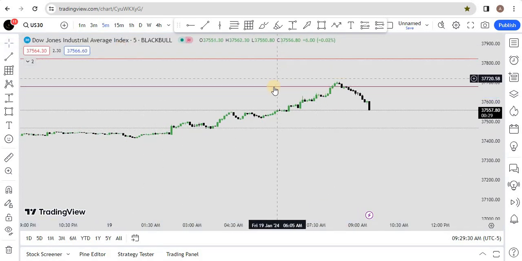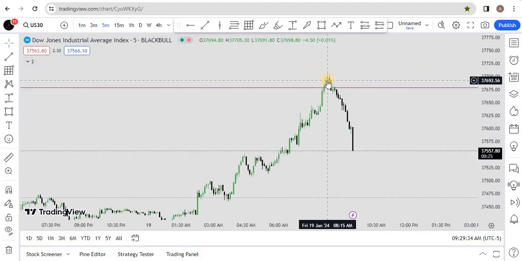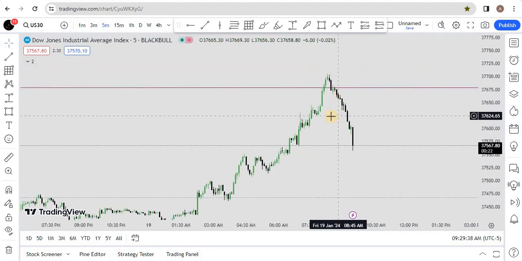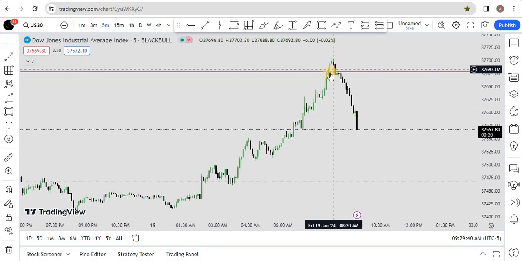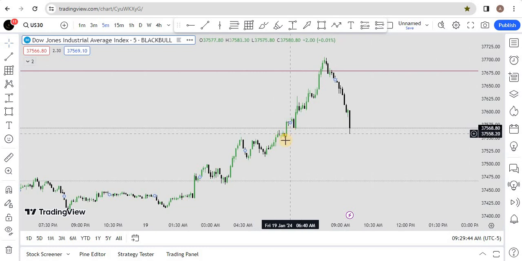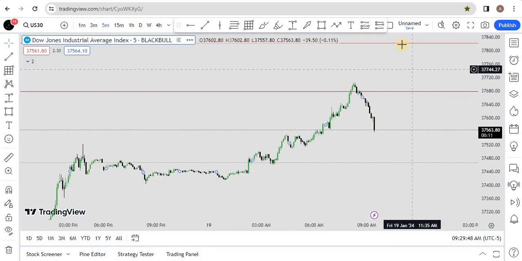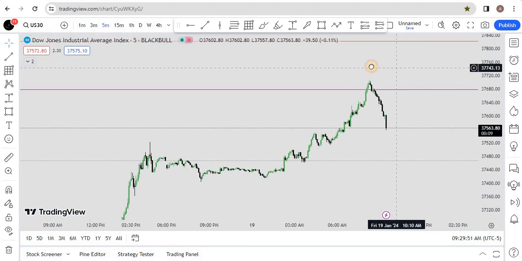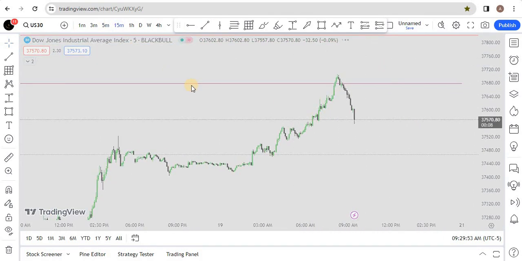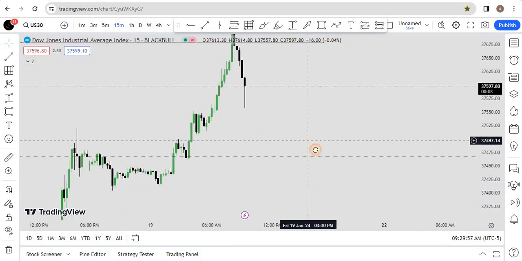This is the liquidity, this is the order block, price tapped and is going to the downside. The 8:30 opening is going downside, so most probably we took the liquidity and then will go for the liquidity to the upside. So let's go to the 15-minute time frame and see what we have.